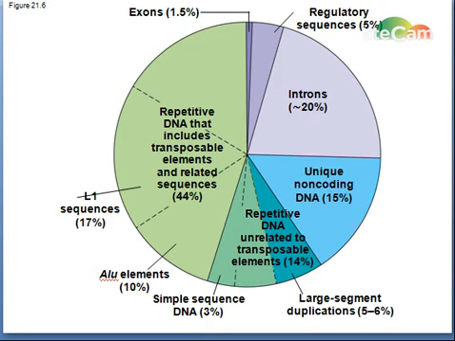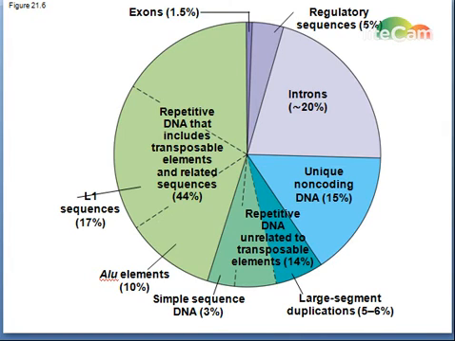This is a pie graph that indicates how we have a very small portion of our DNA genome which codes for proteins. Sequencing of the human genome has revealed that only 1.5% of that genome codes for proteins, rRNAs, or tRNAs.